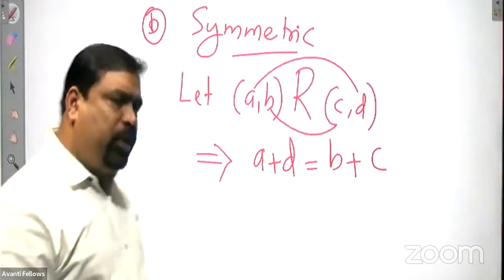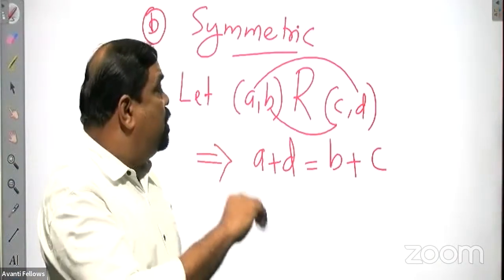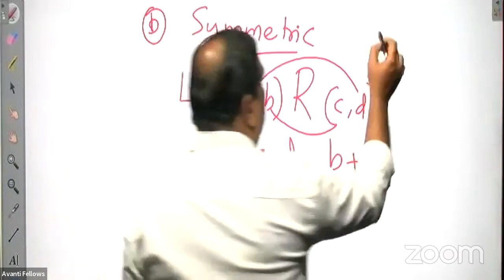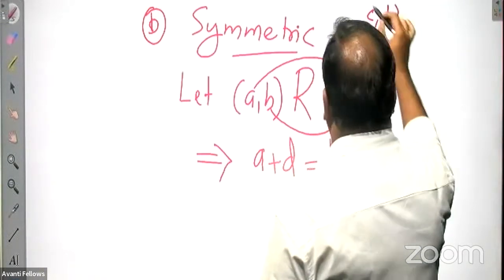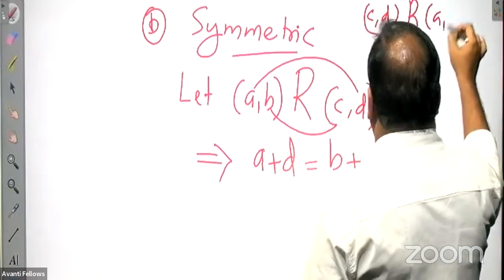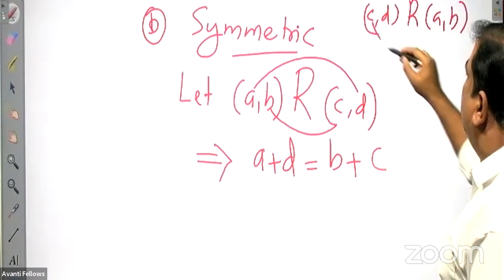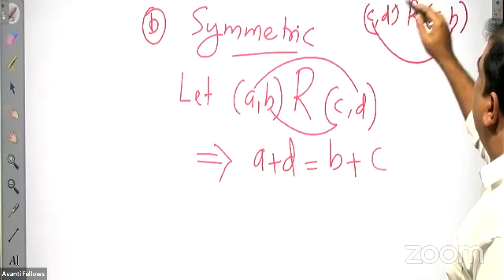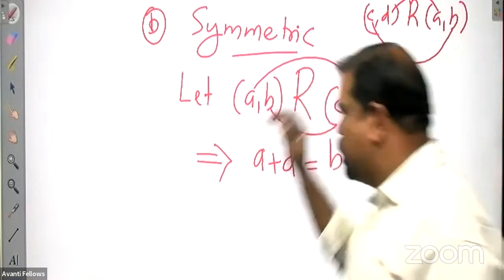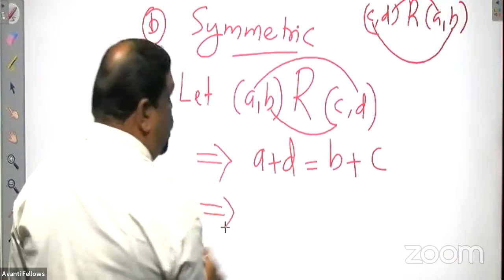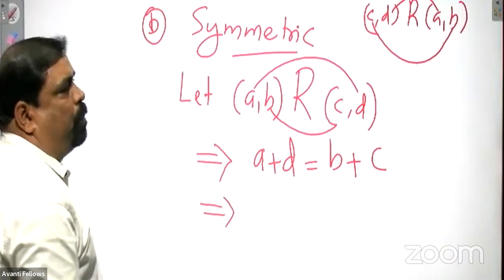Now we have to prove it the other way: CD is related to AB. CD comes first. CD related to AB means what we need to prove? C plus B equal to D plus A. That is our target. So we have to prove C plus B equal to D plus A.